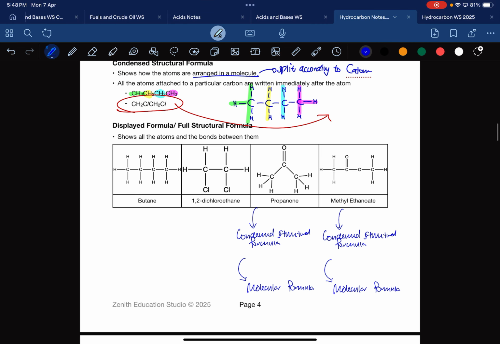You split according to carbon. First carbon is bonded to what? Second carbon bonded to what? You can either start from left or right. For now, you can either start from left or right. You want to try and give general formulas, but you cannot, because there's only 2.